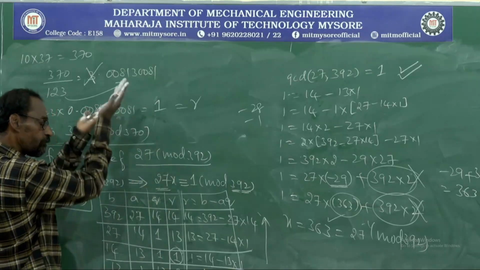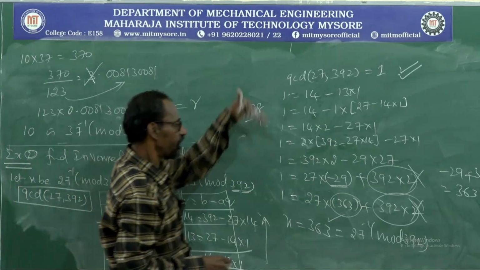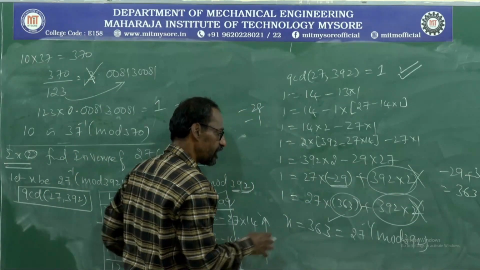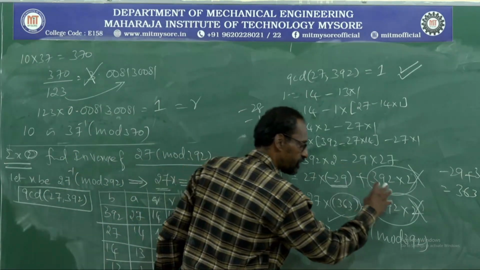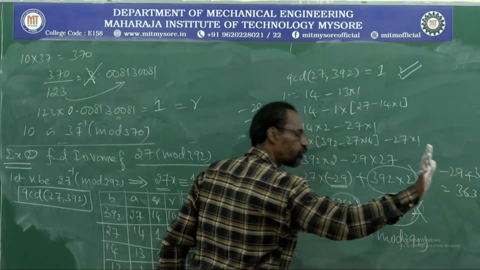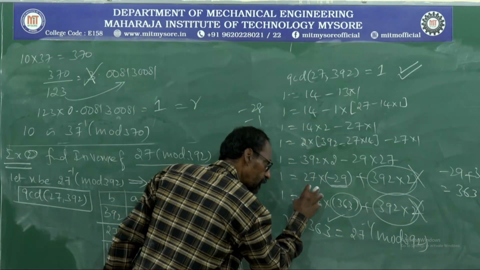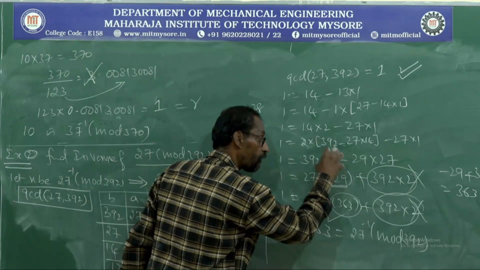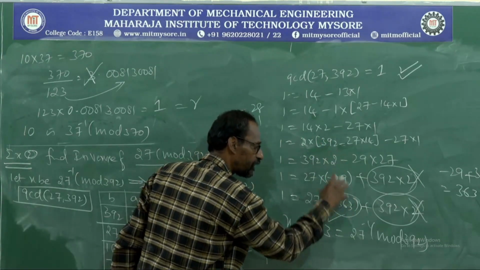Then go with the rising method and you get two expressions, one for the given number and one for the divisor. For the divisor, you don't worry. For the given number, I should have a positive multiplier, but there is a negative multiplier.